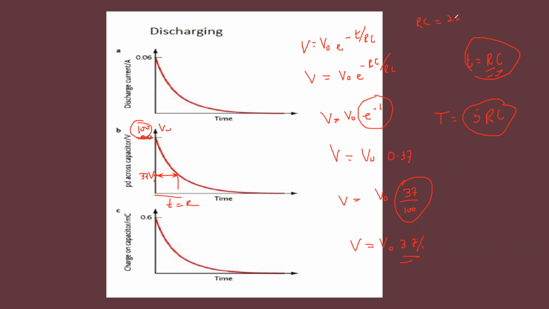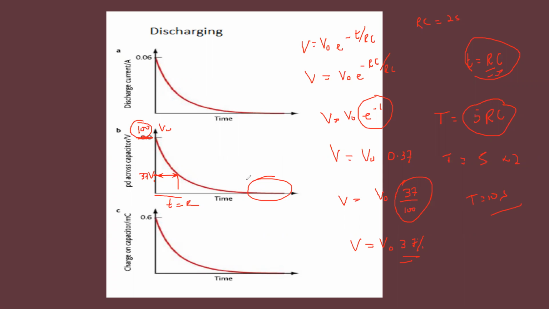If the question is how much time a capacitor will take to discharge completely, the time is approximately 5 times RC. So the value of RC is 2, and 5 multiplied by 2 means it will take 10 seconds to discharge completely. It means the value will be 0, approximately, after 5 times RC.